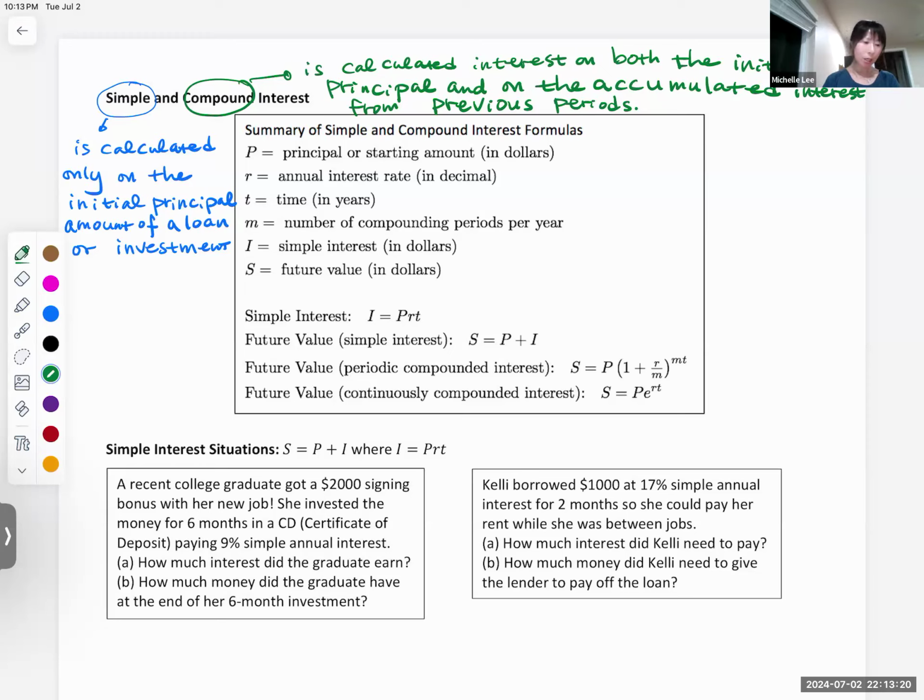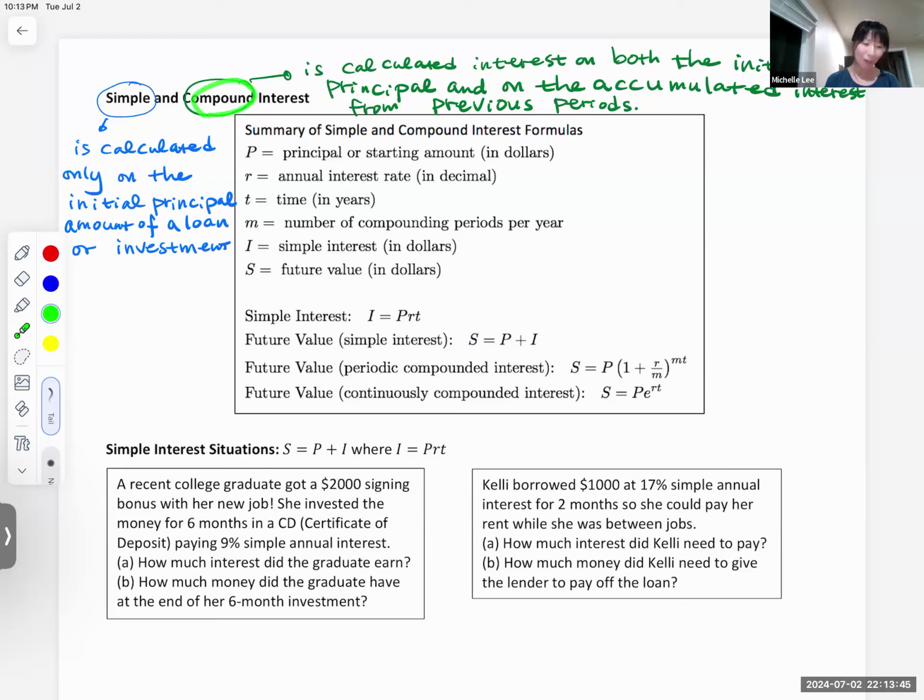So I wrote down here simple interest. Simple interest is calculated only on the initial principal amount of a loan or investment. What's the compound interest then?